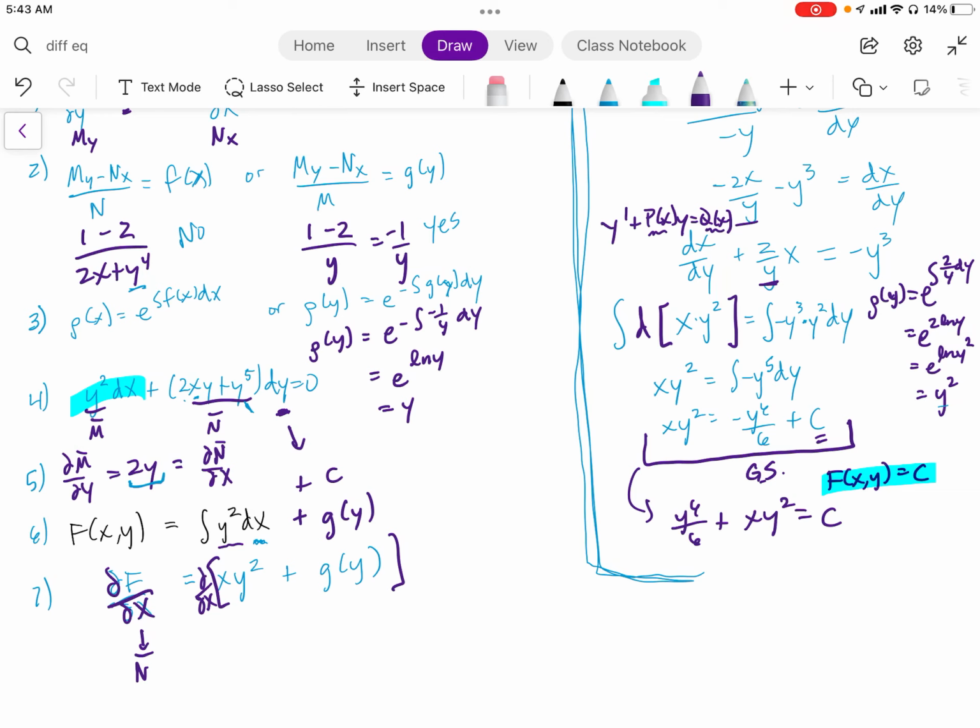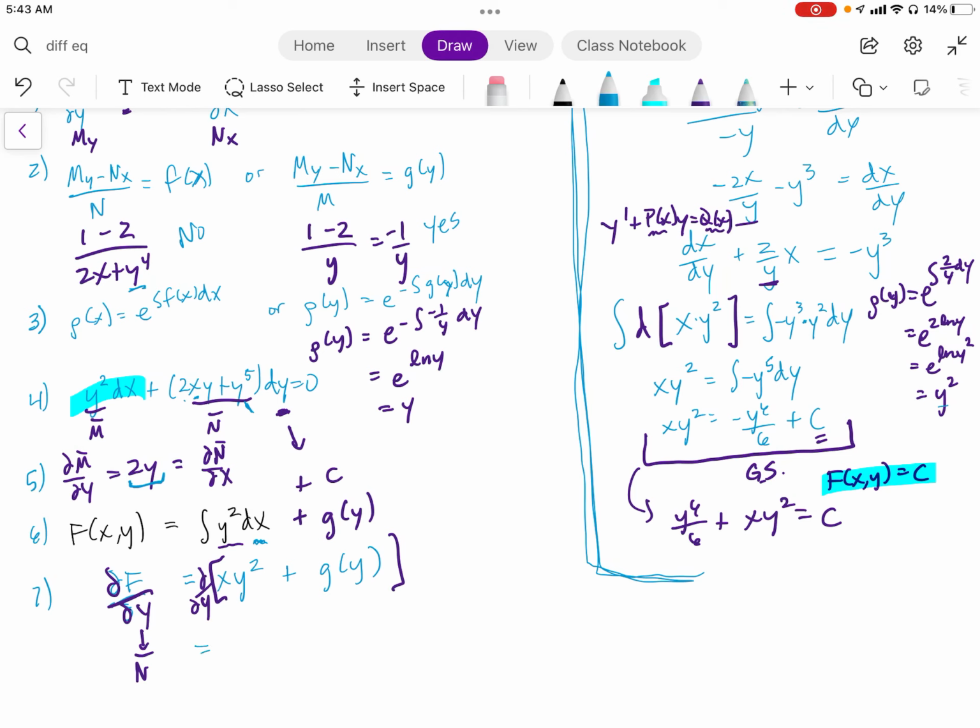So we just integrated with respect to x. That wouldn't make sense. We need to take the partial with respect to y. Okay, so let me erase that. Okay, and seeing this, I think, will make better sense anyway.